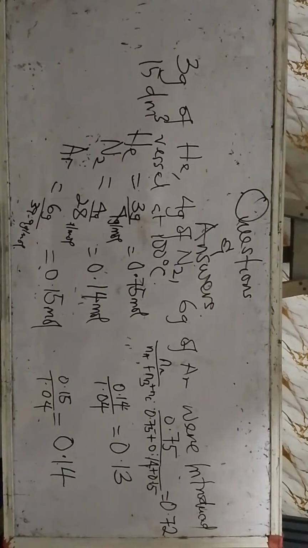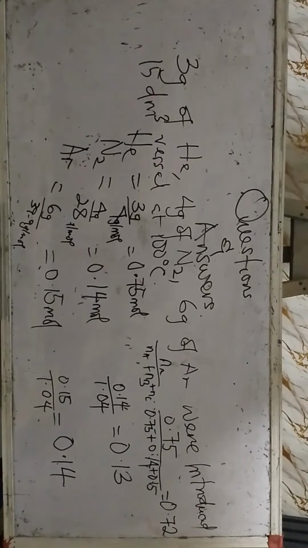The next thing they said, we should calculate the total pressure of the system and hence the partial pressure of each gas in the vessel. So what is the total pressure? Total pressure is the sum of the individual gases present in that container. So you need to calculate the partial pressure for each gas before you can get the total pressure.